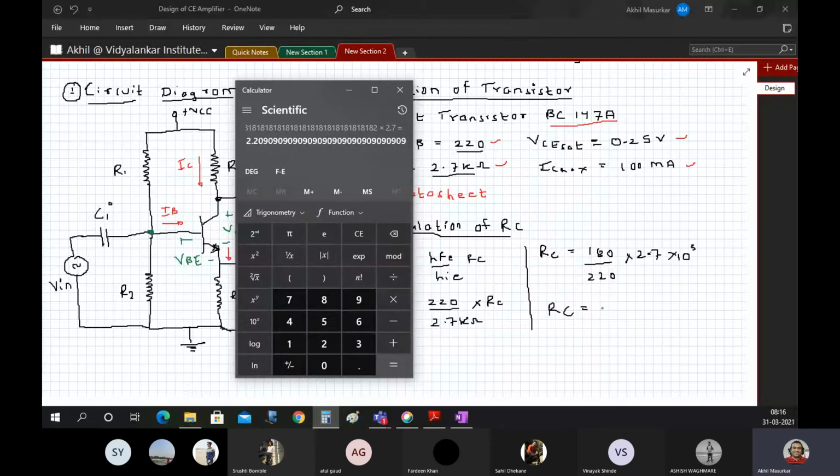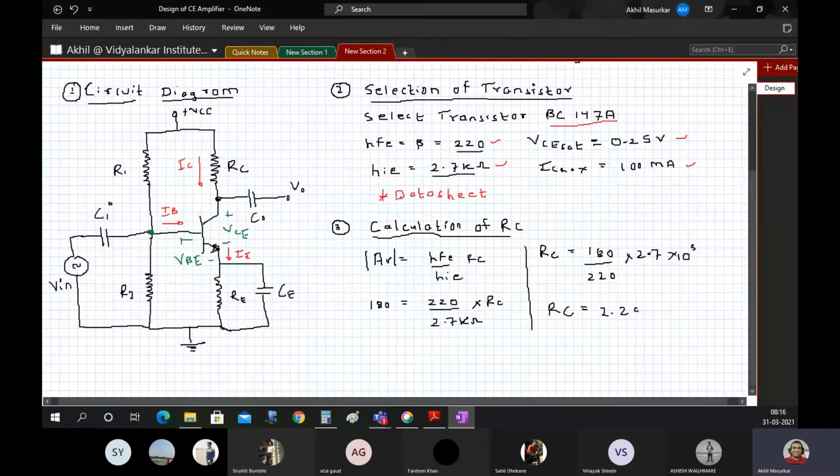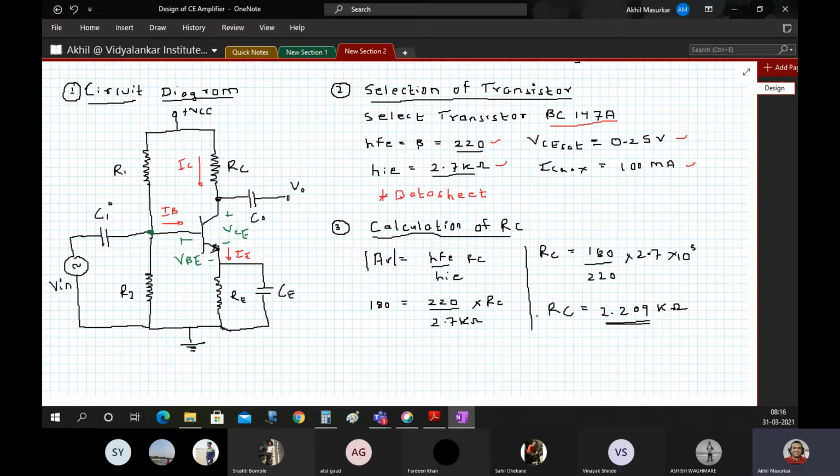So this should be 2.209 kilo ohms. But the problem with this value is that this is not available in standard form. So let us say if you go to Lamington Road and ask for a resistance of 2.209, they don't have it.